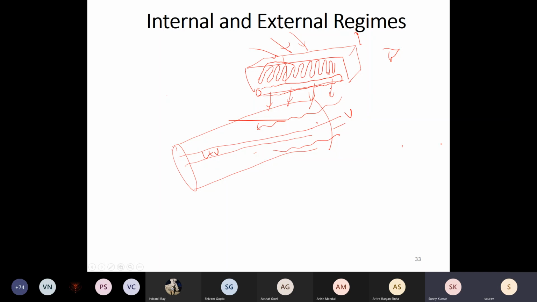So you will see that you require a very long tube, and a lot of fan power would be required in such a scenario. So the configuration will not turn out to be a very compact one, but it may be the most efficient one.